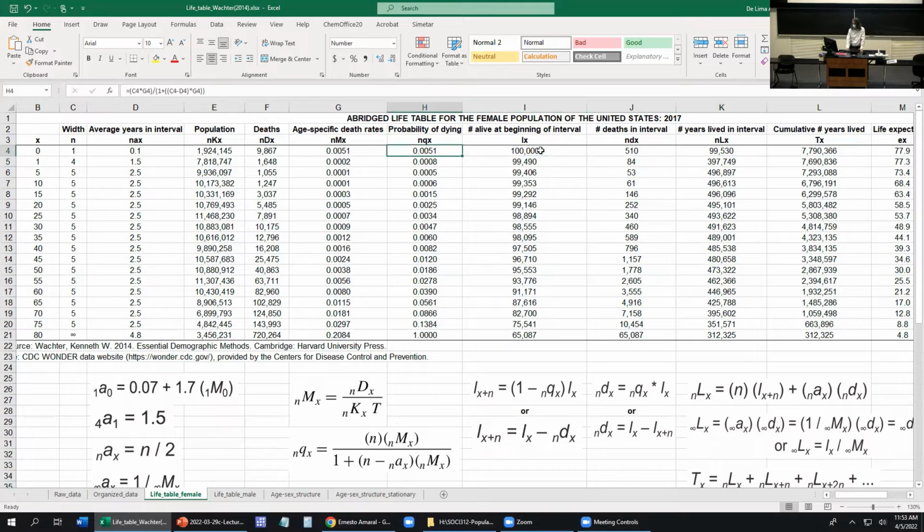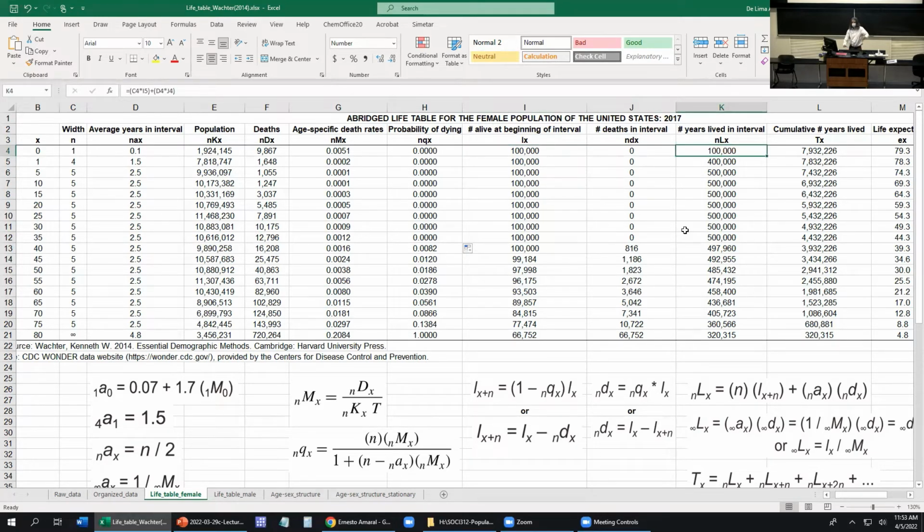That's saying we have 0 mortality for everybody. If you have 0 mortality, these 100,000 people will survive, survive, survive. So there is no mortality.